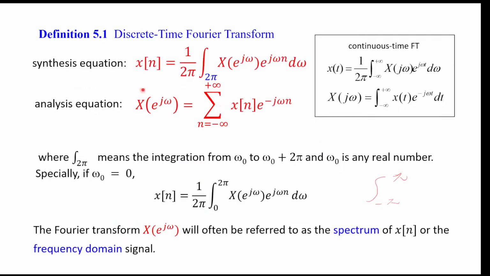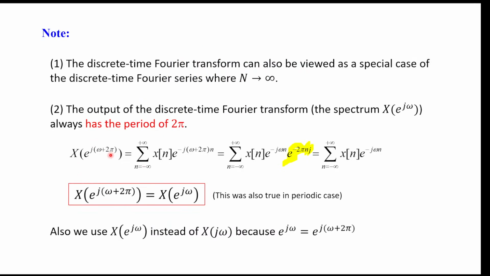It can be easily proved using the analysis equation here. See what happens when you change omega to omega plus 2 pi. So big X of e to the j omega plus 2 pi, and you get e to the minus j 2 pi n.